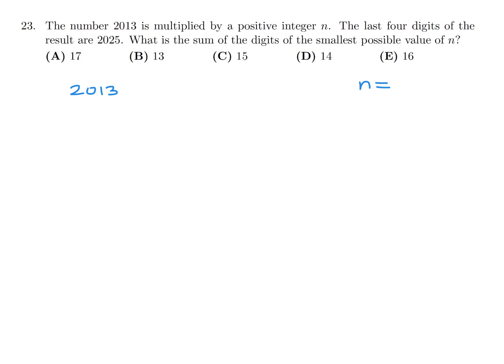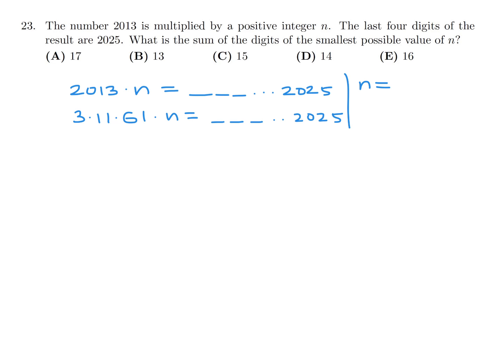Let's see here. We've got 2013 times n is something that ends in 2025. And 2013, in terms of its prime factorization, is 3 times 11 times 61. And it's some number that ends in 2025. And I have no idea what n is. That's what we're trying to figure out.